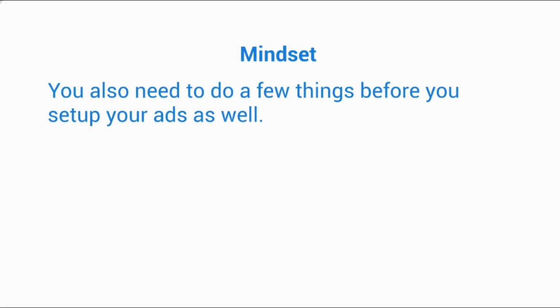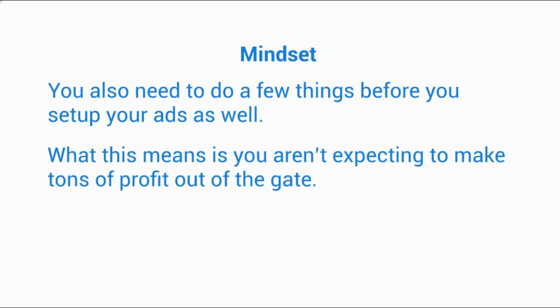Now, you also need to do a few things before you set up your ads as well. For example, demographic research, getting an idea of who your audience is. Now, what this means is that you're not going to be profitable right out of the gate. So don't expect that. Have a budget in mind, whether it's $500, whether it's $1,000, and don't expect that you're going to be profitable immediately.